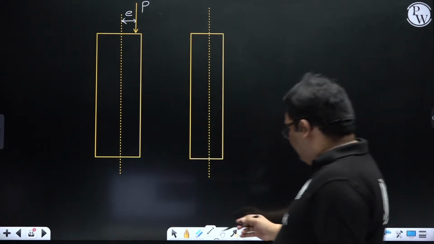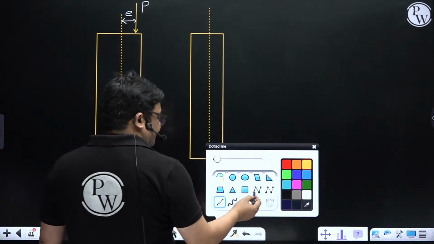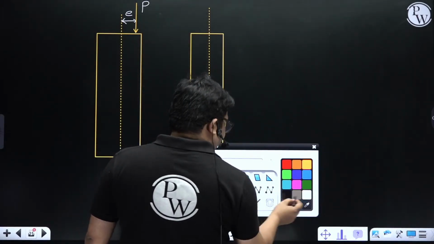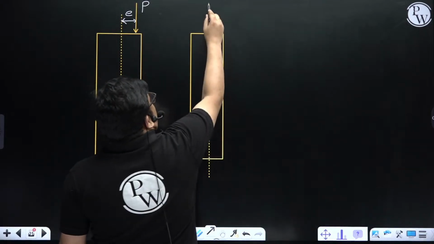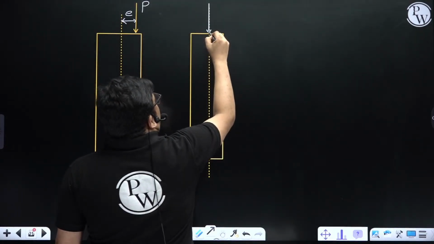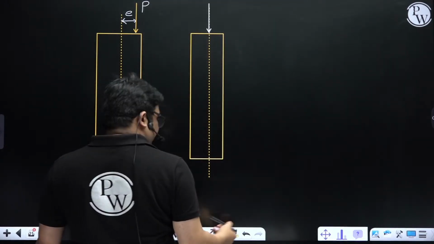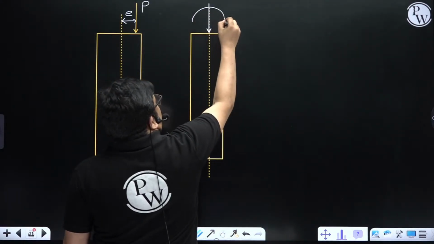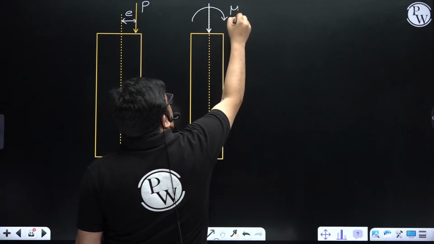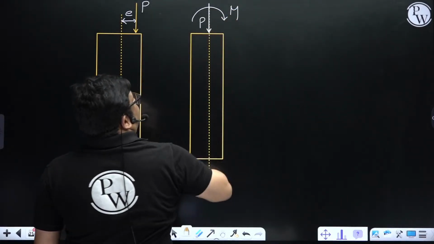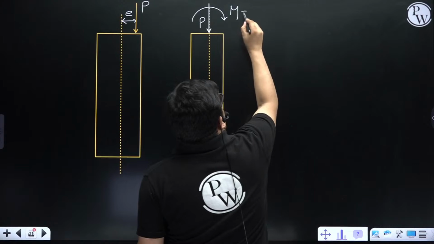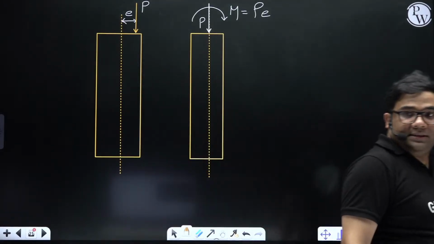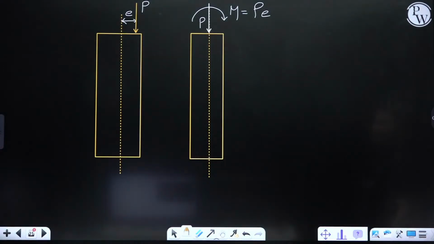So there will be an axial load P, and a bending moment M, and this M will be P into e.